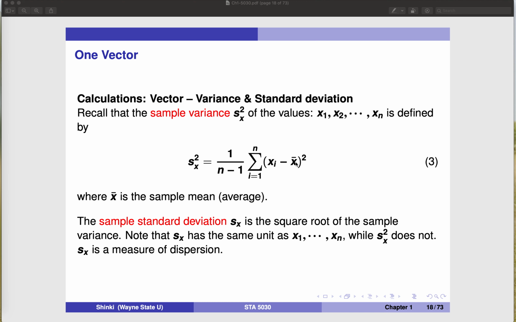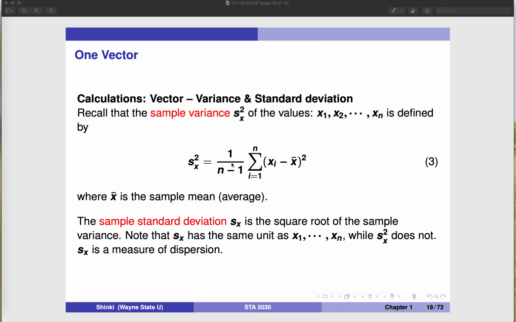So xi minus x bar is the distance between xi and the center of the data, x bar. So if we take the summation and take the average, then it is a kind of typical distance from the center to each observation. So that's why we define S sub x square as this.